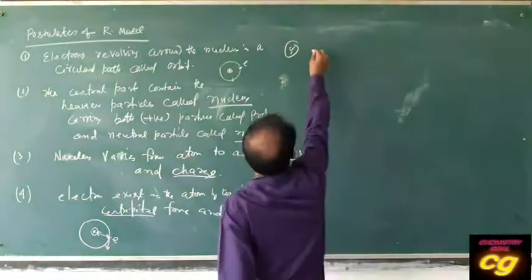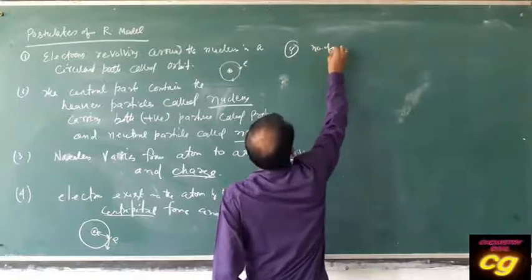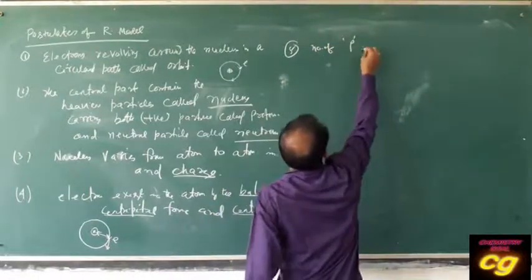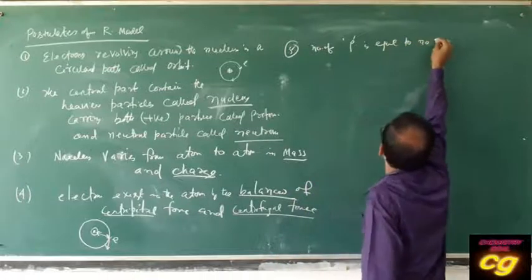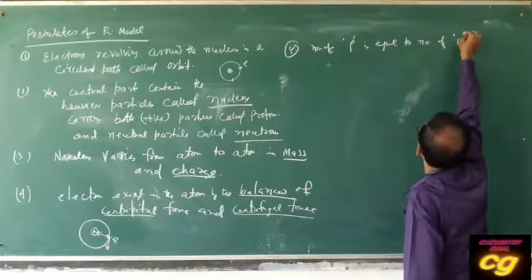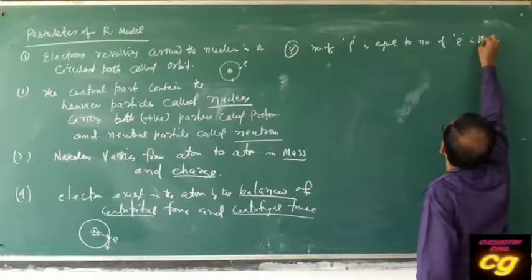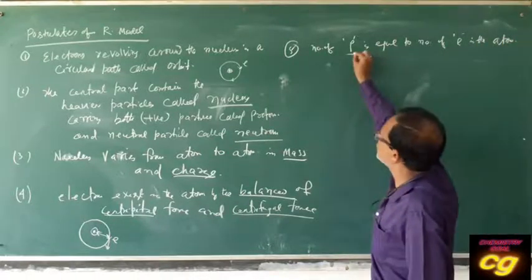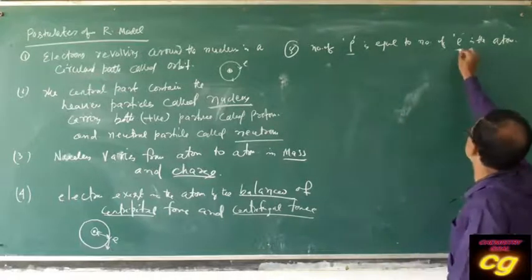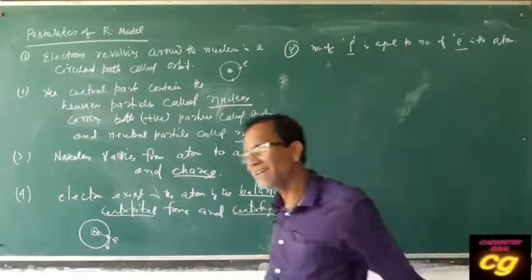The number of protons is equal to the number of electrons in the atom. What does it mean? Proton is positive charge, electron is negative charge, and both are equal in the atom.